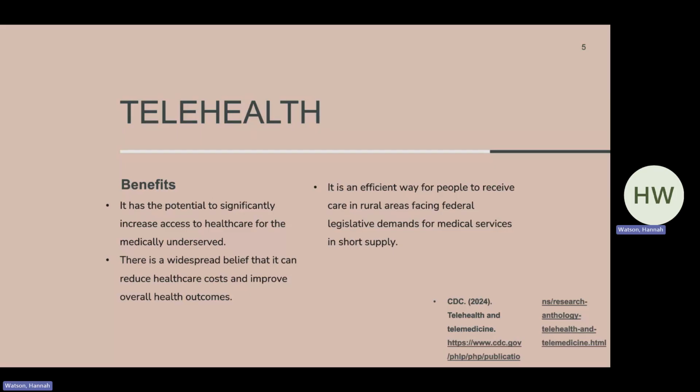Many healthcare professionals believe telehealth can improve overall health outcomes by making care more accessible and convenient for everyone. Additionally, it helps address provider shortages by allowing patients in areas with limited healthcare resources to receive needed services.